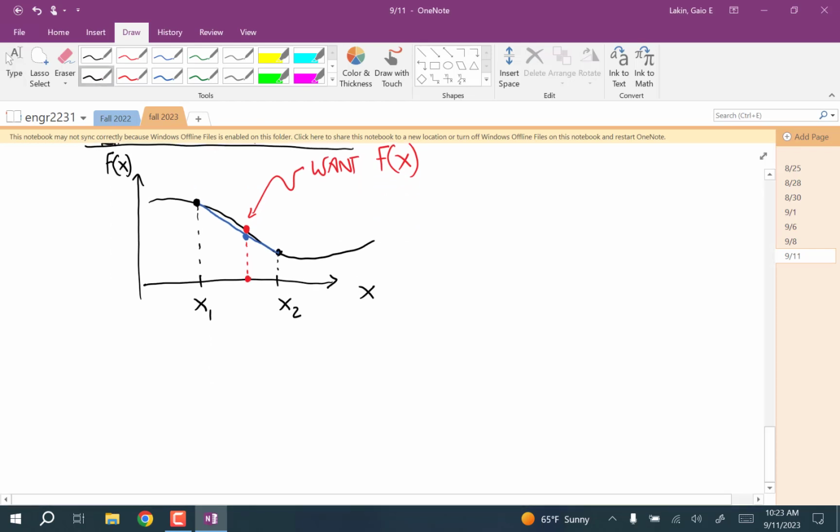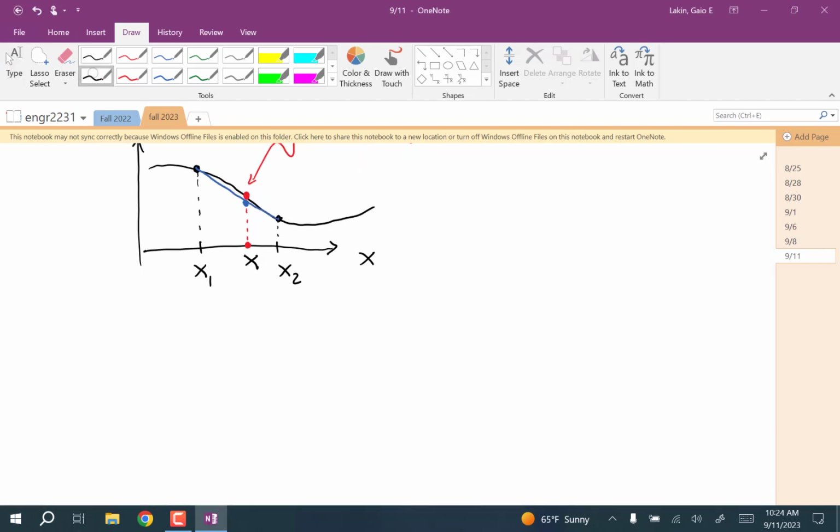And you can see, based on this, that the approximate value of that blue dot at x is a closer approximation of f at the independent variable x than either of the two function values at x1 or x2 give us. So that's the idea that we're using here.